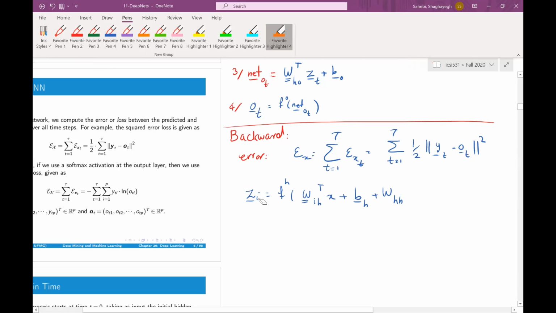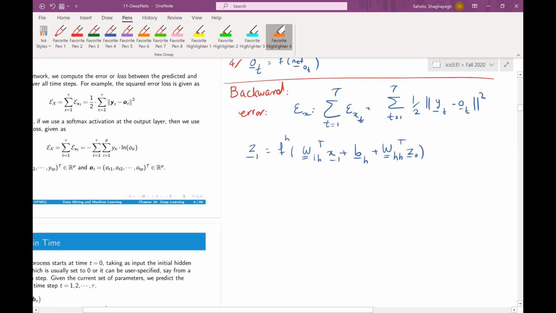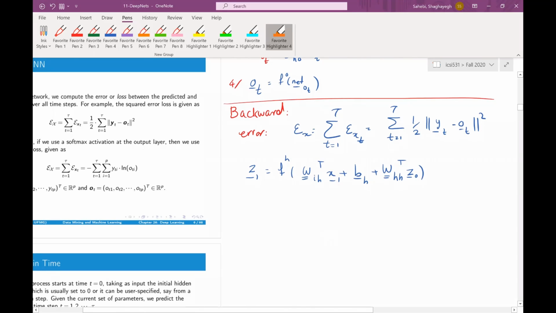Actually, let's do z_1, so that is easier. Z_1. So this is x_1 and W_HH transpose z_0, right? This is, for example, z_1. And then we can have z_2 like that, z_3 like that, etc. Now, how to train? We have to calculate the net gradients, right?